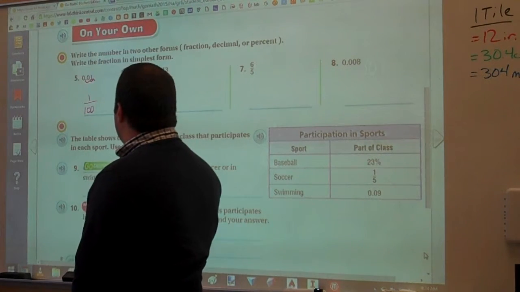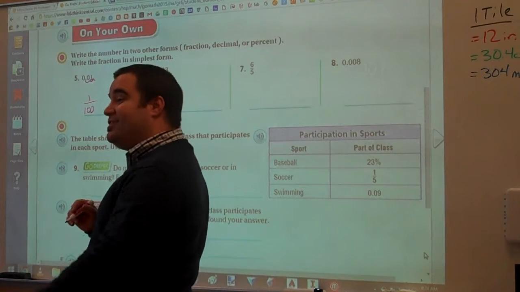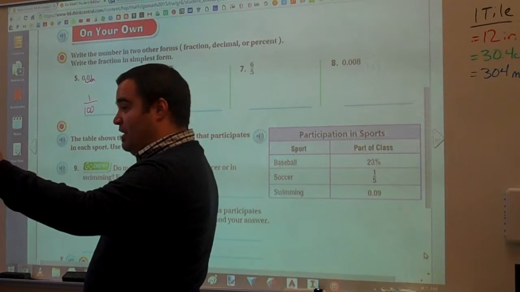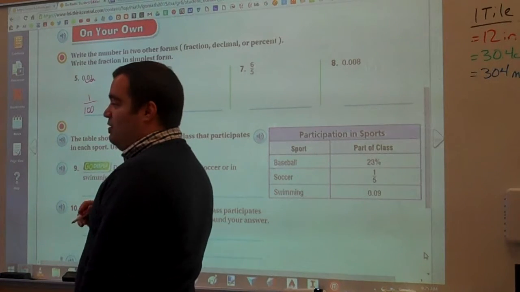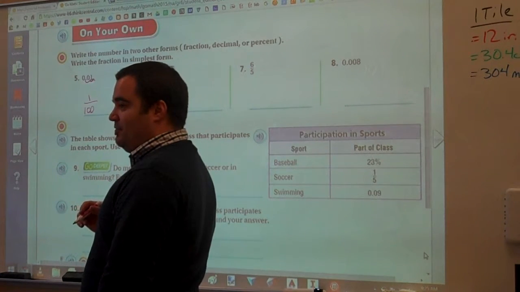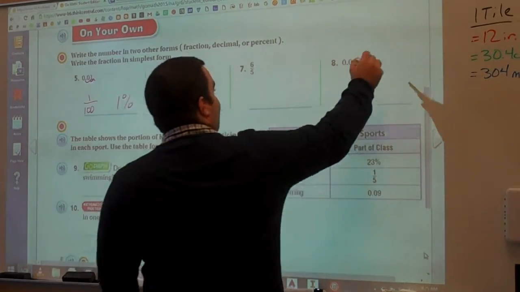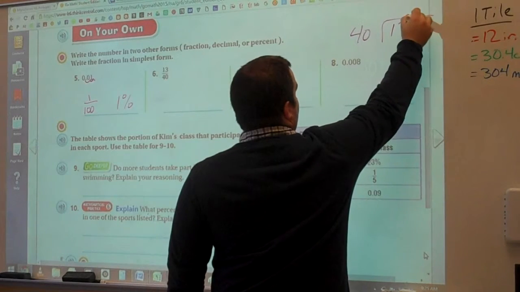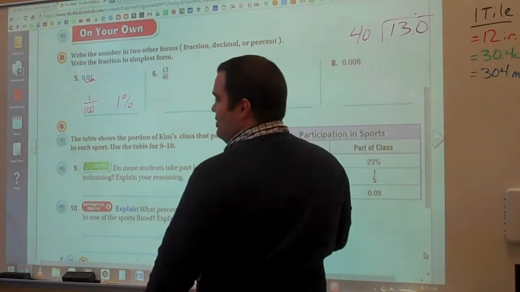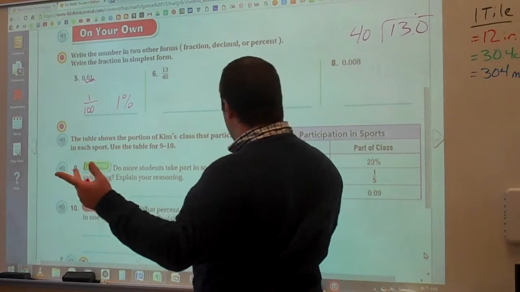13 over 40. They give me a fraction. I want a decimal, and I want a percent. Let's do the decimal first. 40 doesn't go into 100 nice and even. Let's just do it my way. 13 divided by 40. How many times does 40 go into 130? 3 times, 120.